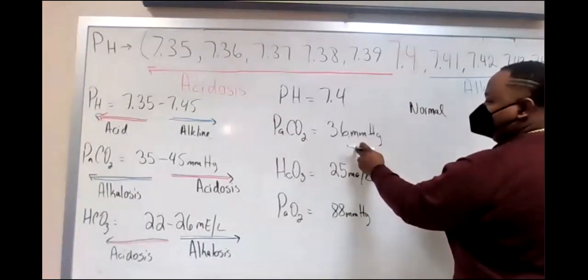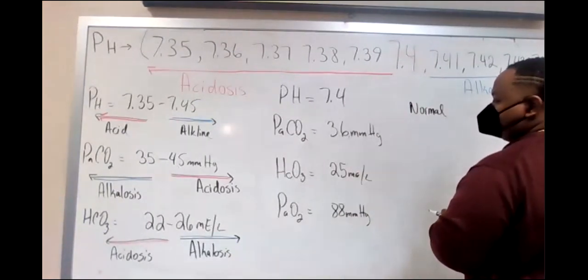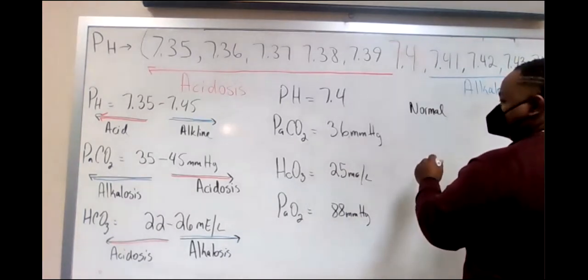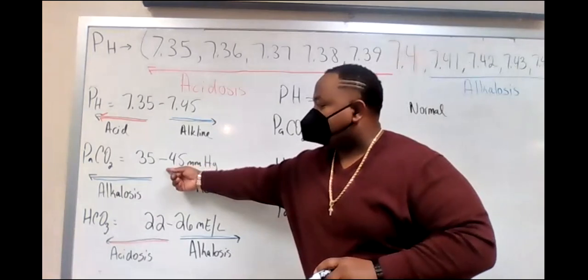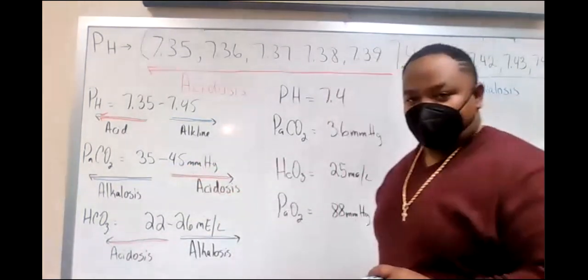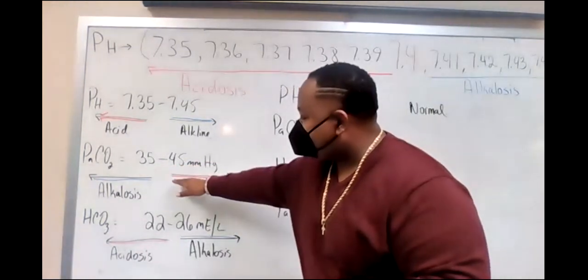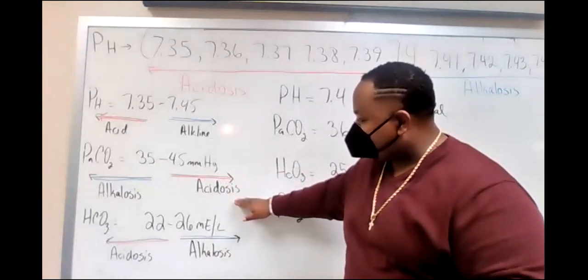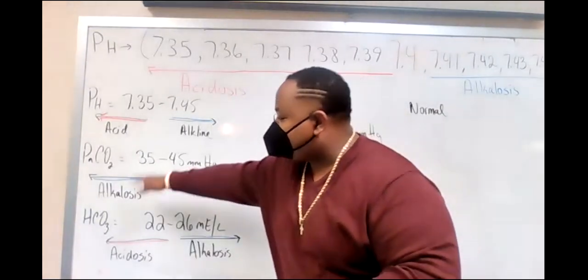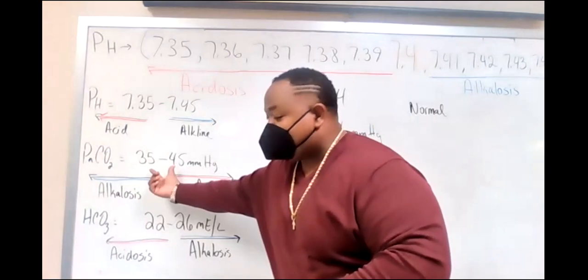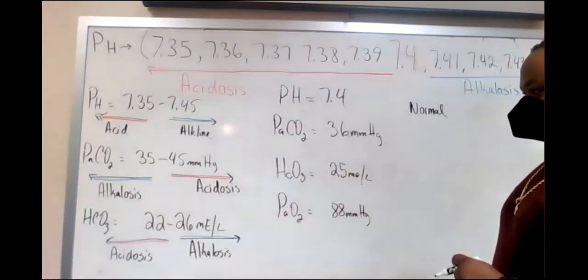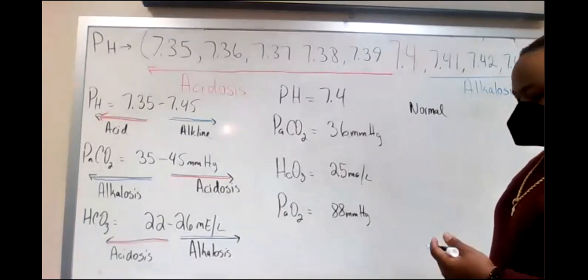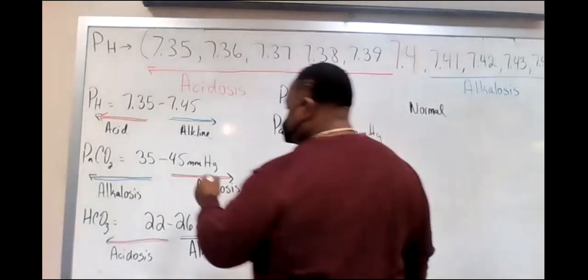What is CO2 doing, Sydney? That's alkalosis. No, look at your range. 35 to 45. Anything greater than 45 is acidosis. Anything less than 35 is alkalosis. Anything in between is normal. So it's 36. So what does that mean? It's normal.